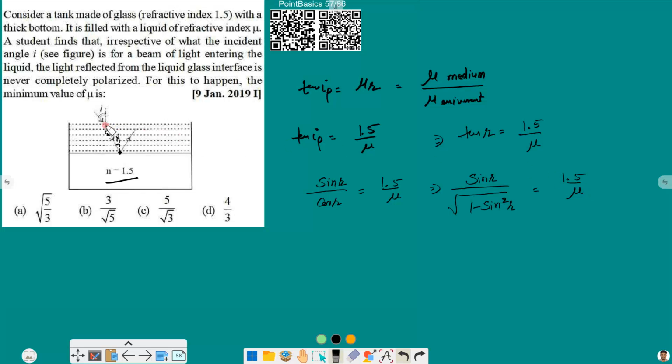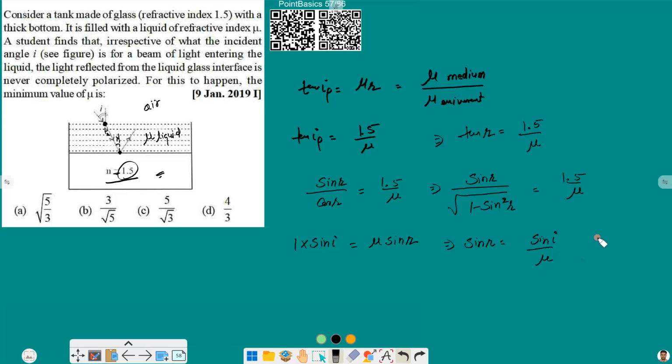Now applying Snell's law at this point, because here we have air, this is liquid of refractive index mu, and this is glass of refractive index 1.5, we can write 1 times sine of i will be equal to mu times sine of r. So from this, sine of r is equal to sine of i divided by mu.